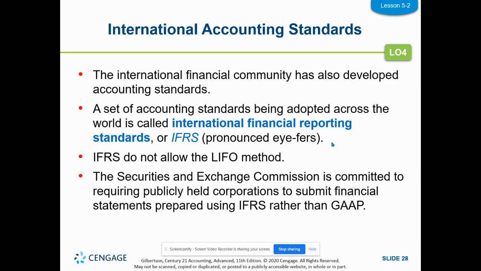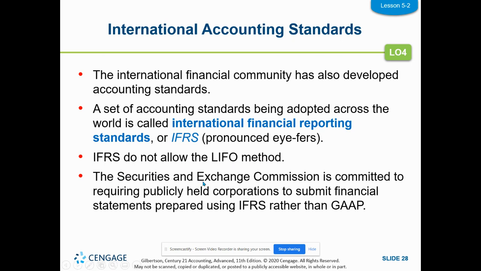They don't like it. Here in the United States, we have our GAAP rules, our generally accepted accounting principles. Well, internationally, we have what we call our international financial reporting standards, our IFRS. So they do not allow the LIFO method because they don't want that decrease in tax liability.